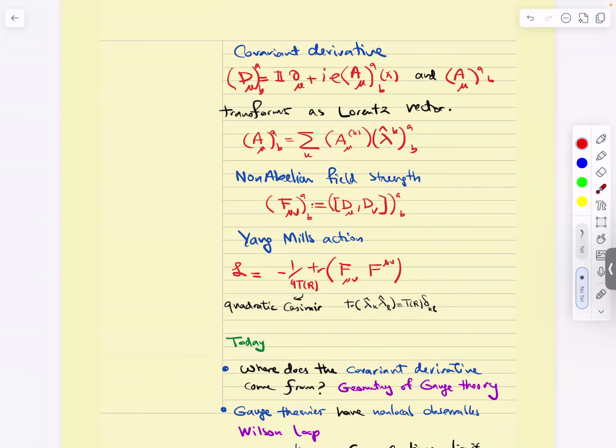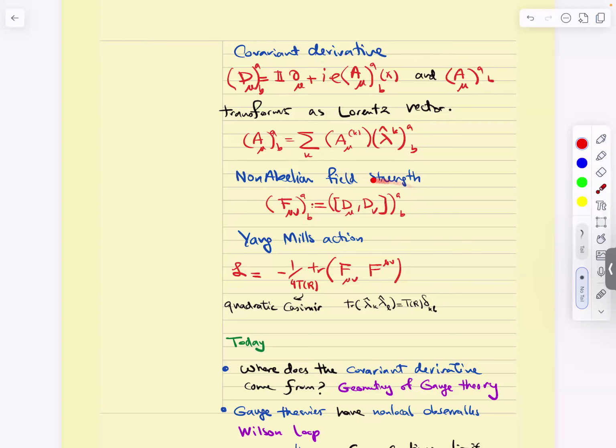All right, so in summary, I'm doing well on time. To define non-abelian gauge theory, we define a covariant derivative. Here it is. So del mu is matrix valued. Let's take the matter to be in the fundamental representation so that these guys are adjoint. This is what they look like. And they transform as Lorentz vectors, but as matrices in the internal degrees of freedom.